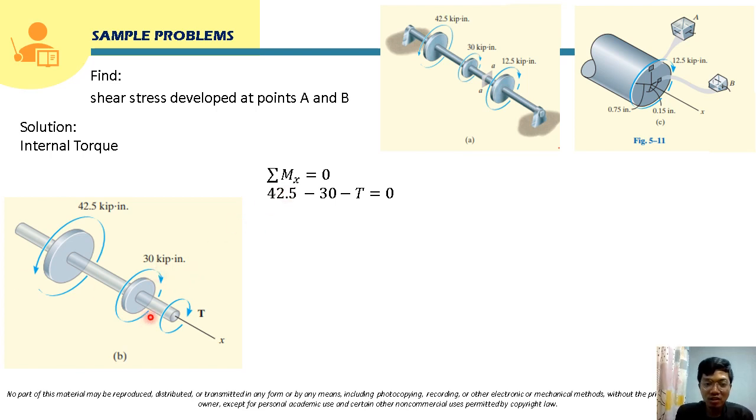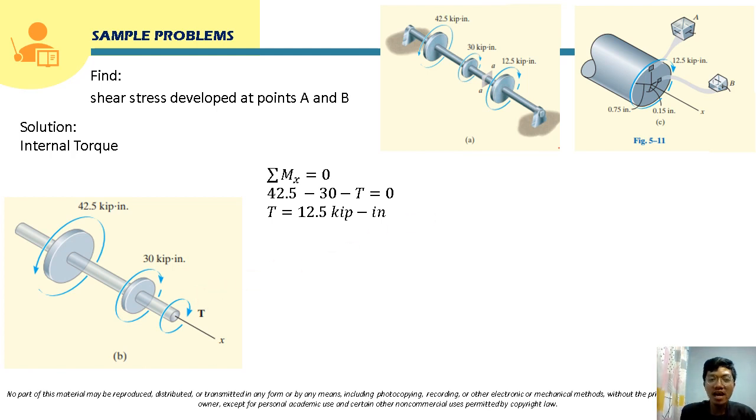And this 30 kips inch torque is clockwise, so this will be negative. The internal torque T, our assumption is clockwise, so this will be negative T, and this is equated to 0. Solving for T, the answer is positive 12.5 kips inch. The positive sign indicates that our assumption is correct, that the internal torque T is really clockwise.